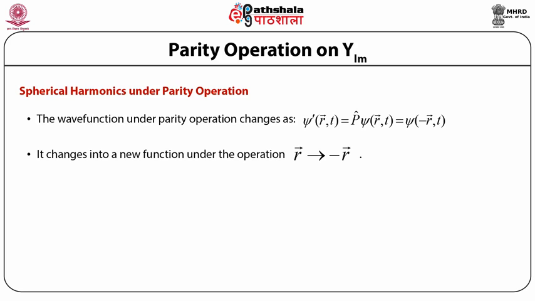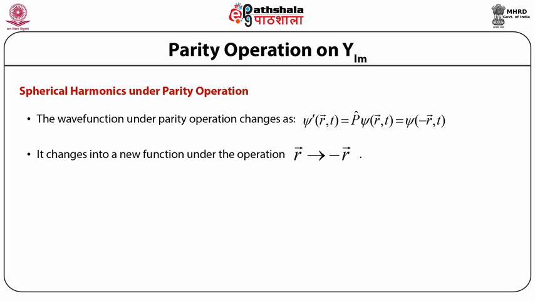So this kind of operation, where the independent variable changes its sign from plus to minus, and we see how it affects the dependent variable, is called a parity operation.